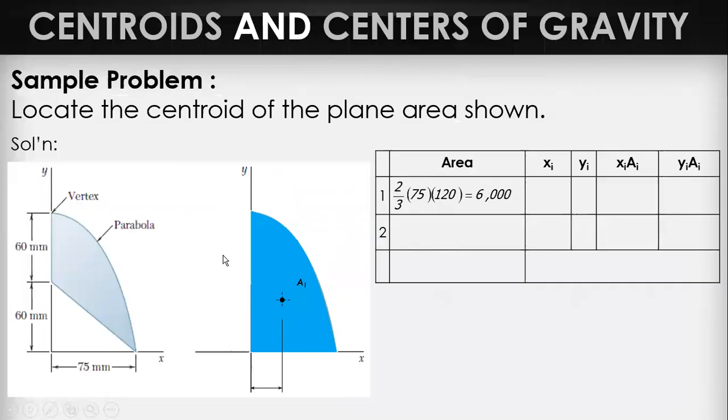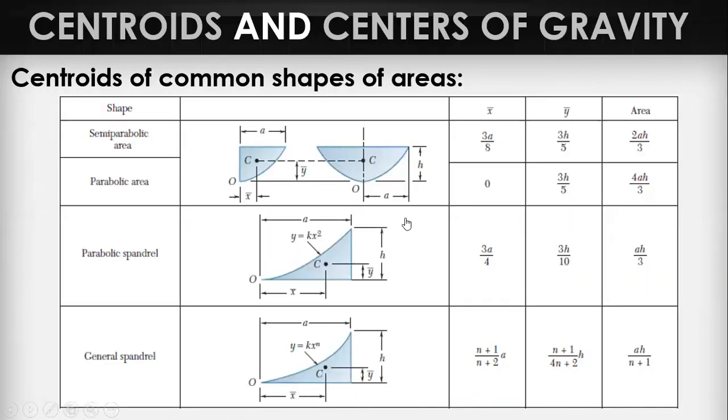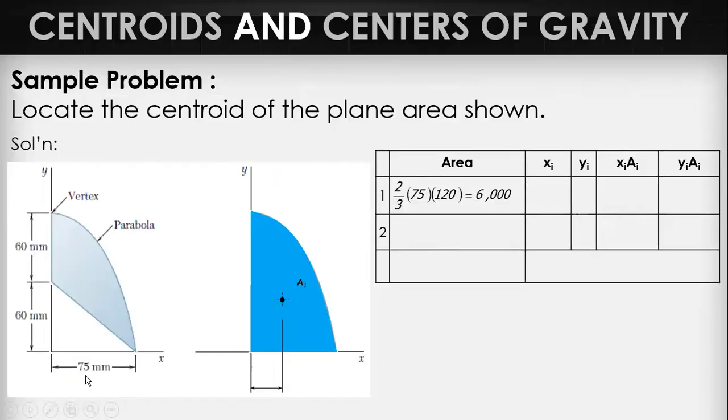So now this is the vertex. This will be y bar in the table, and this is x bar. 3/8 of A. 3/8 times 75, that's 28.125.